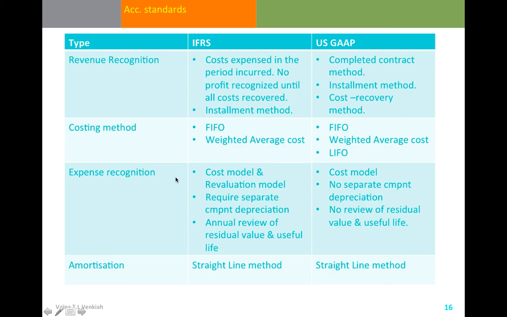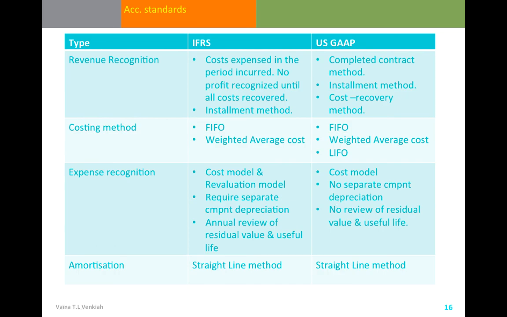For expense recognition under IFRS, we have the cost model and revaluation model. It requires separate component depreciation. It requires annual review of residual value and useful life. Under GAAP, we have a cost model, no separate component depreciation, and no review of residual value and useful life.